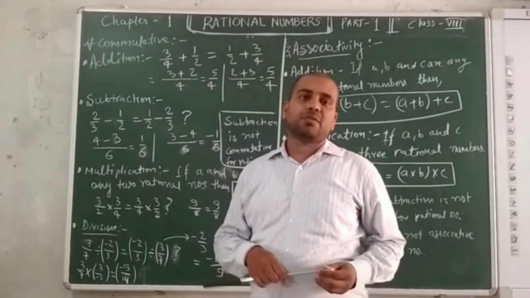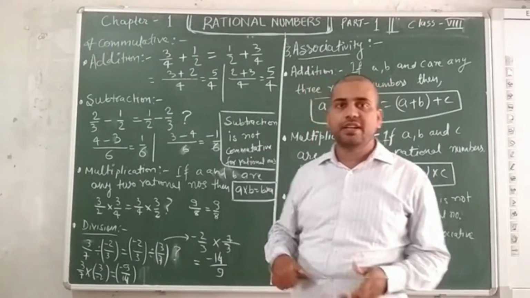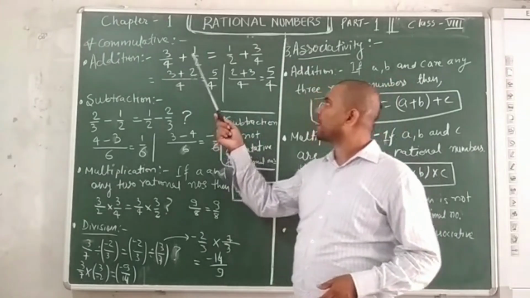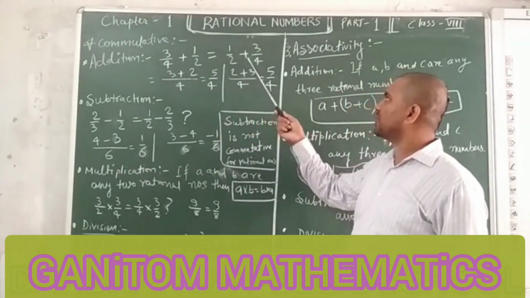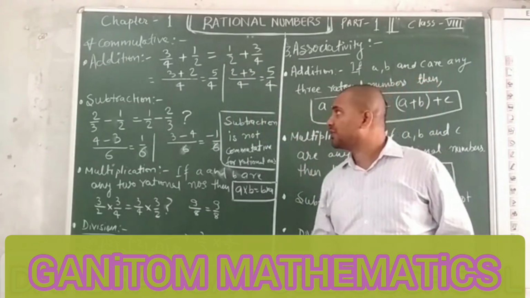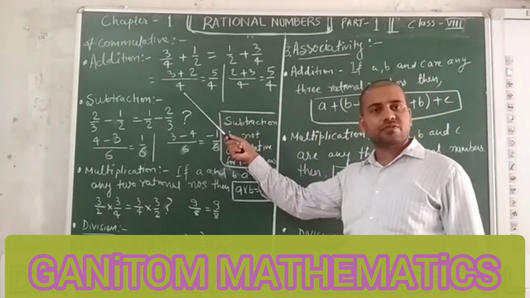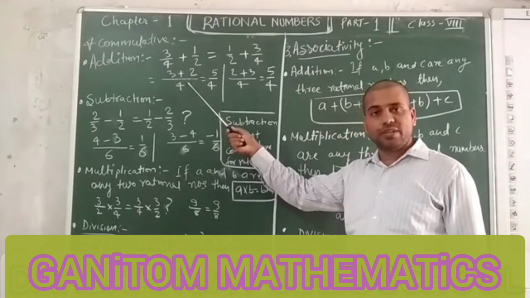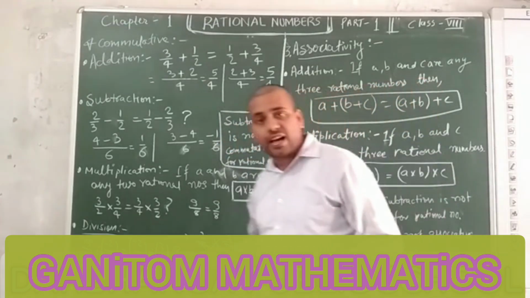Dear students, now we will see the example of commutative property of addition. Here it is written on the board. Is 3 upon 4 plus 1 upon 2 equal to 1 upon 2 plus 3 upon 4 or not? We will see that. For LHS, we will take the LCM of 4 and 2, which is 4, and when we calculate that, we will get 5 upon 4 as the result of LHS.